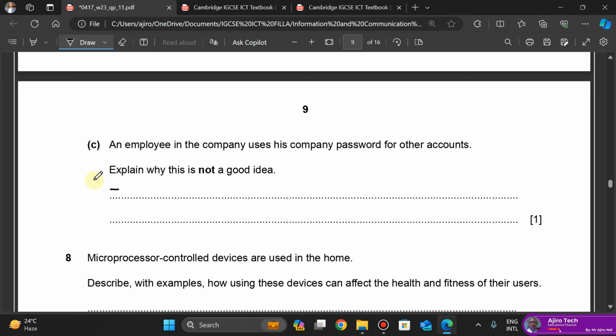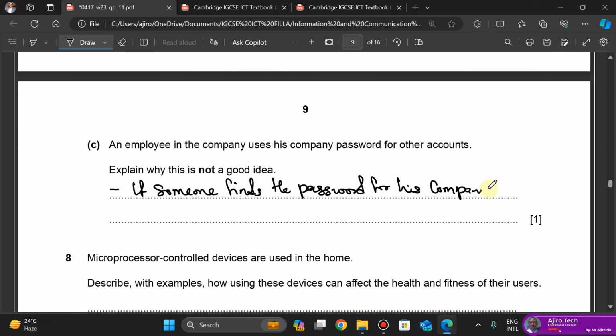Okay, if someone finds the password for his company account, then other accounts are automatically compromised.